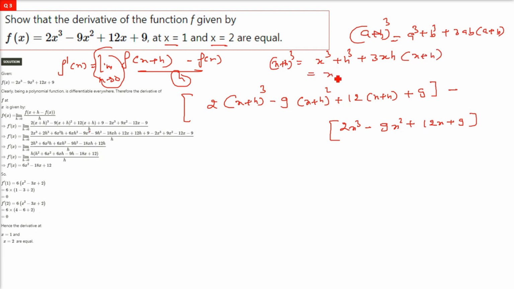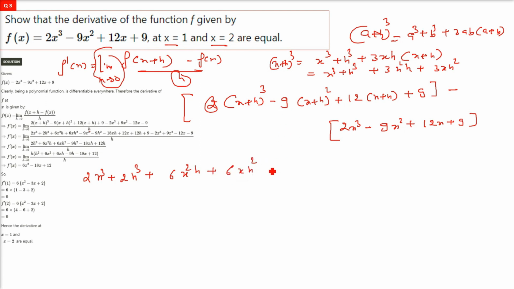You can also open this, x cube plus h cube plus 3x square h plus 3xh square. And since we have 2 also there, so multiply 2 and then write it here, 2x cube plus 2h cube plus 3 into 2, so 6x square h plus again 6xh square.